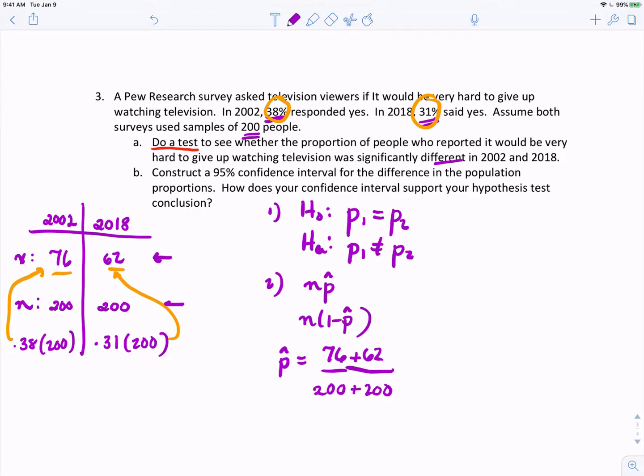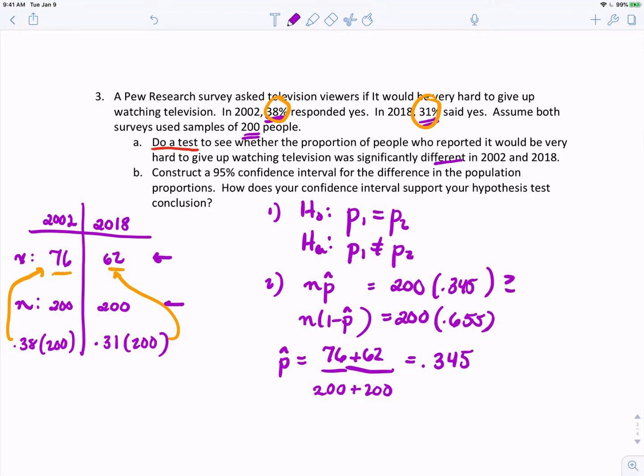So 76 plus 62 divided by 200 plus 200 gives us a pooled sample proportion of 0.345. And that's what we're going to use for our central limit theorem check. So n, 200, times 0.345, and n, 200, times 1 minus 0.345, in other words, 0.655.